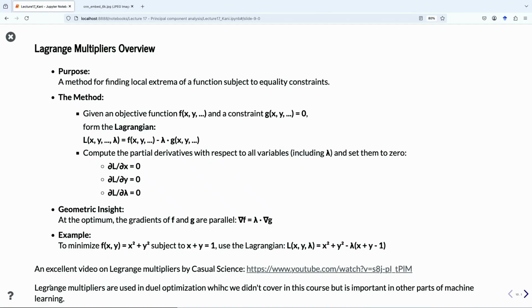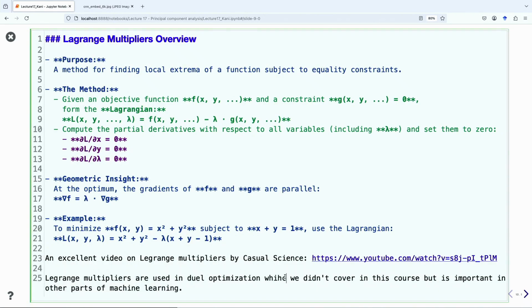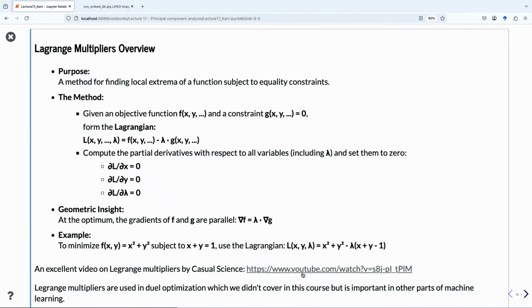In many other machine learning courses, if you go over dual optimization, you'll get exposed to Lagrange optimizers then. We didn't go over dual optimization for the sake of time. So you're just going to have to be okay with this vague conceptual understanding, and then study on your own if you want to know more.